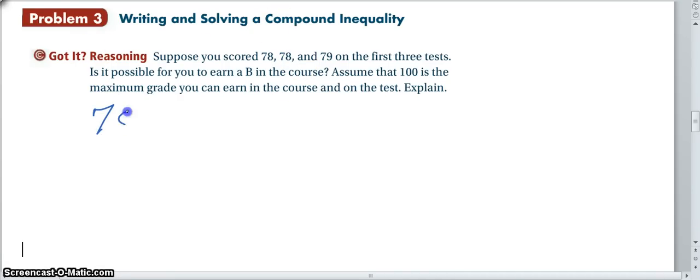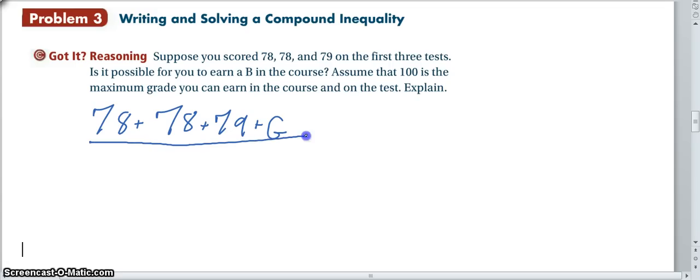So the grades that I have are a 78, a 78, a 79, and some last final test grade, let's call it G. So now to average all these grades together, because there's 4 of them, you would just divide by 4. Now your score would need to be better than or equal to that 86 mark to get that B. So now go ahead, start combining, start solving, see if you think you can figure out what to do. So pause the video and try this.